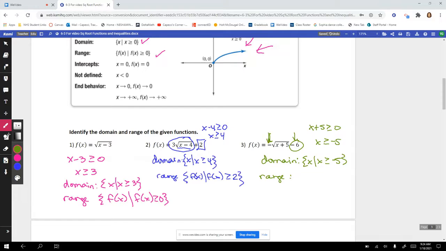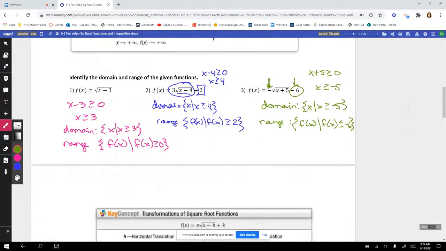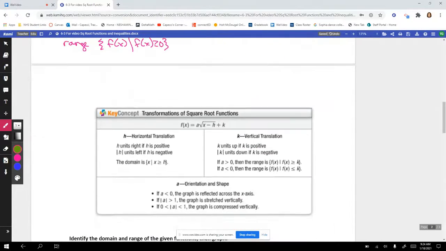But on top of it, because of that negative sign in front, I'm going to have to change my sign there. So f of x such that f of x is going to be less than or equal to negative 6. Okay, so it's just kind of the basics. We're going to need all of that when we get to graph.